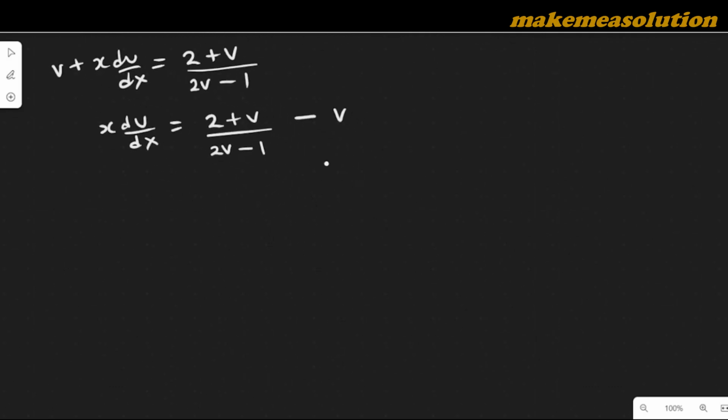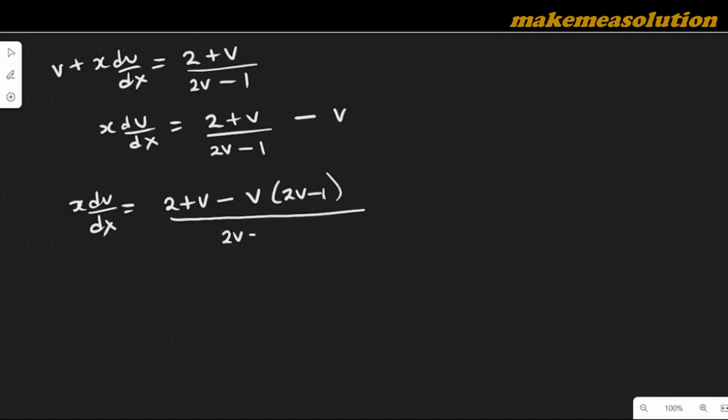Just follow me. So x dv dx is equal to 2 plus v minus, we have v into 2v minus 1, over 2v minus 1. So when you take the LCM, this is how you're going to get it. So if we expand the bracket, we're going to get 2 plus v minus 2v squared plus v all over 2v minus 1.